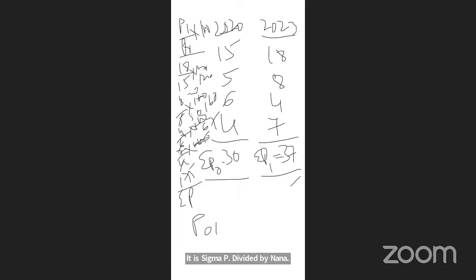Sigma p is the total of 120 plus 160 plus 67 plus 175 put together.